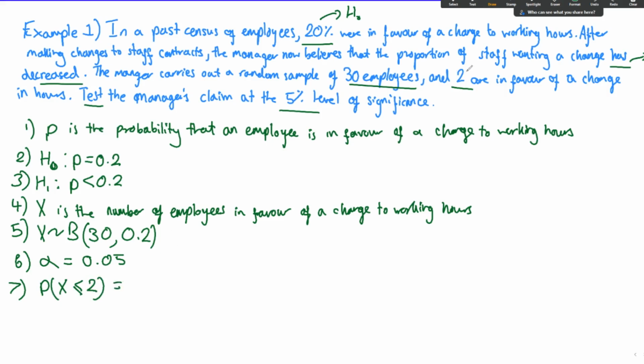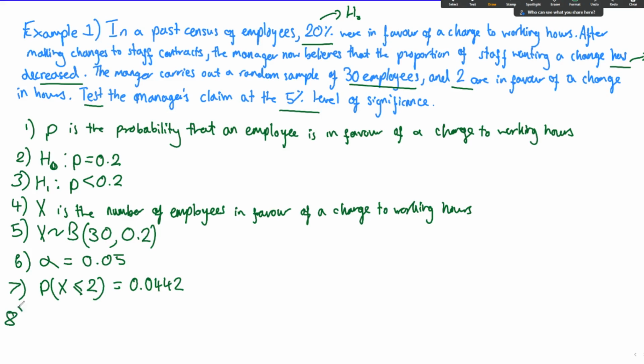So we're going to find the probability of there being 2 employees, 1 employee, or 0 employees in favor. Okay, and when we do that, we find that it's 0.0442, like so. But now you can see that that is less than our significance level.